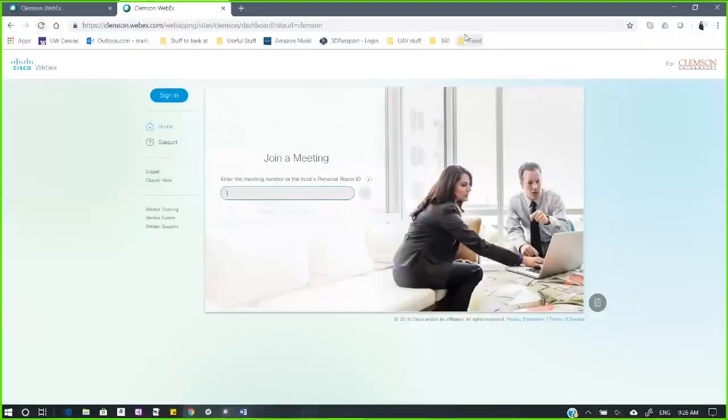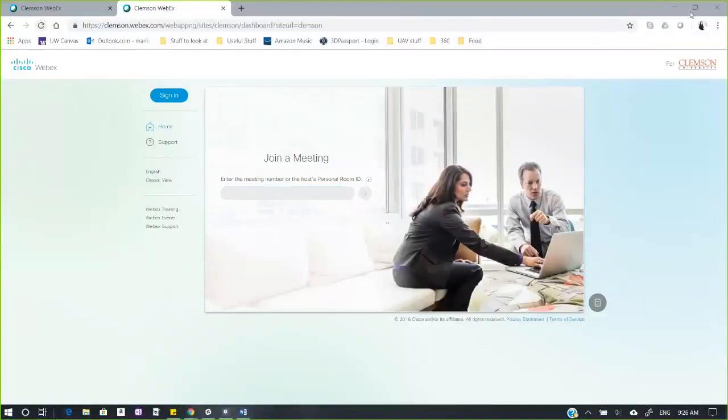Or if you have another member of your team that has PowerPoint, they could share their screen as well. All right, can you see my screen?